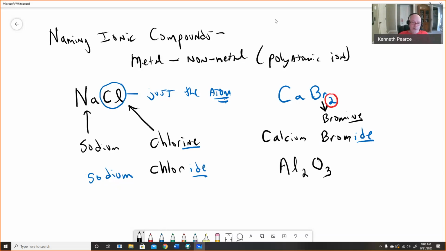Or do I have a covalent compound, which is a nonmetal with a nonmetal? Well, aluminum's a metal, oxygen is a nonmetal. And so we would name the metal aluminum, and then we take the ending, that is oxygen, and that becomes oxide. And there you go. We have aluminum oxide.